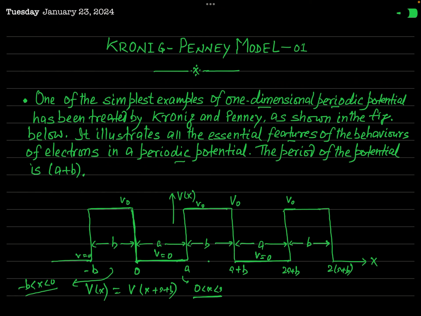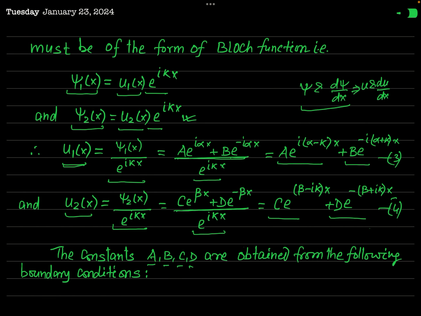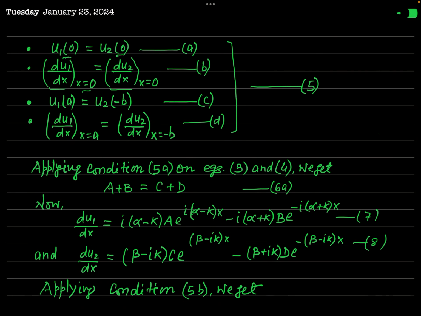At x equal to minus B the potential abruptly rises to V0, and at x equal to A again the potential abruptly rises to V0. So you can say that A and minus B are the same boundary. The value of potential at x equal to A and at x equal to minus B are the same.